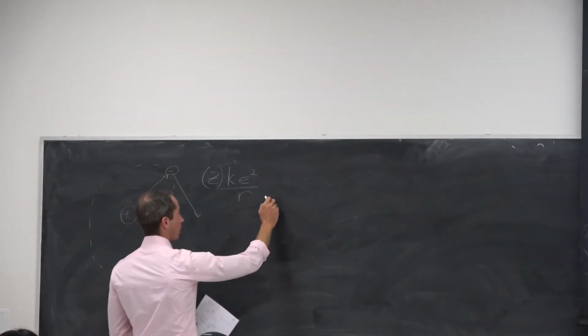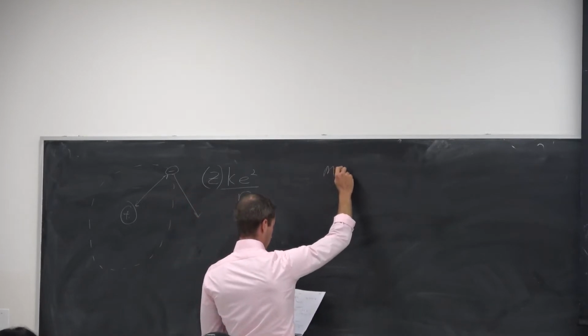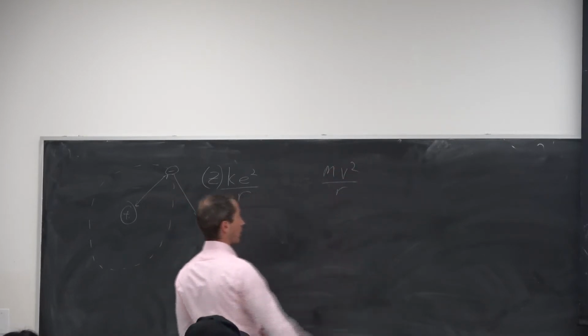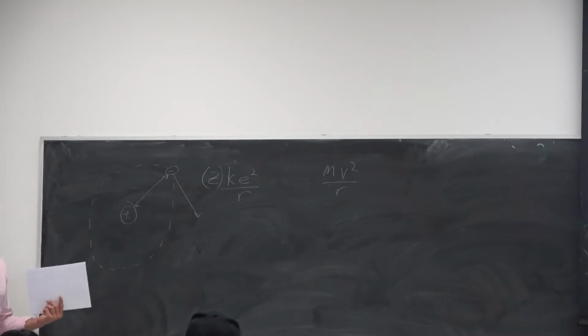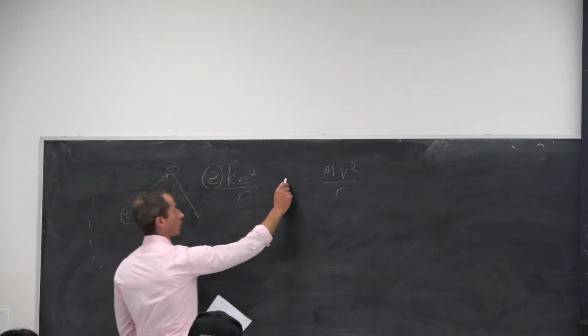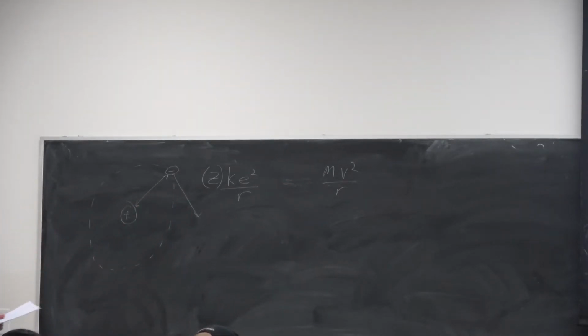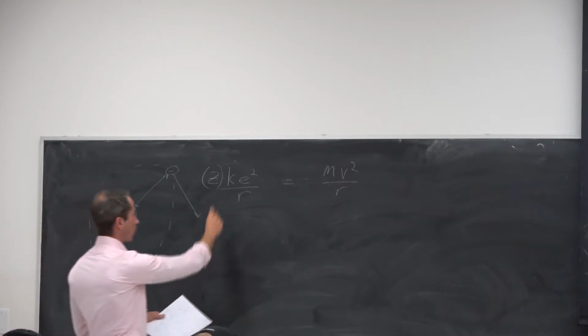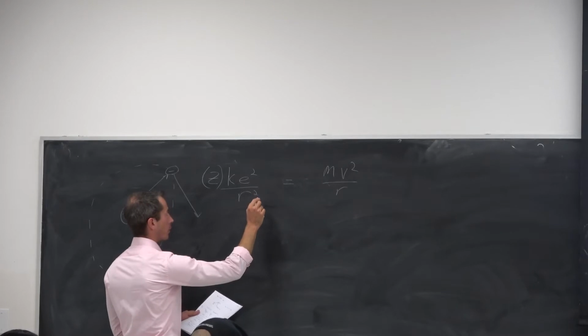And so that is mv squared over the radius. Since we know that this orbital is fixed, these two are equal to each other, and then we can simplify this a little bit more. I'm sorry, that should have been squared.